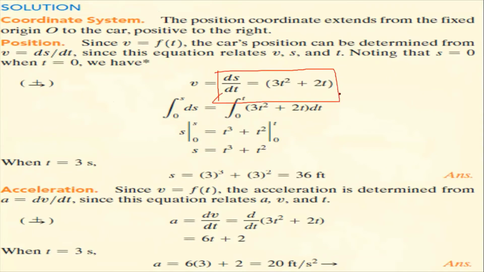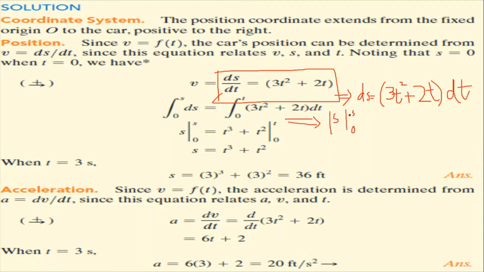So in the next step, ds is equal to (3t square plus 2t) dt. And we will apply limits on both sides, integration, so 0 to s, 0 to t, and we will apply integration over here. So in the second step, after integration the limit on s is 0 to s.